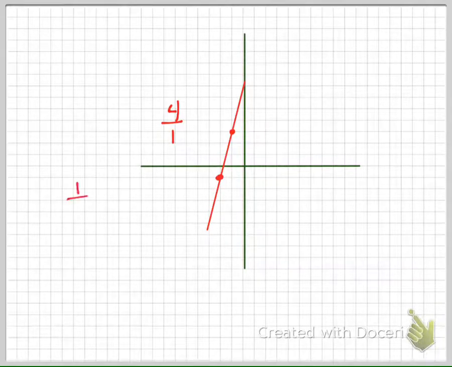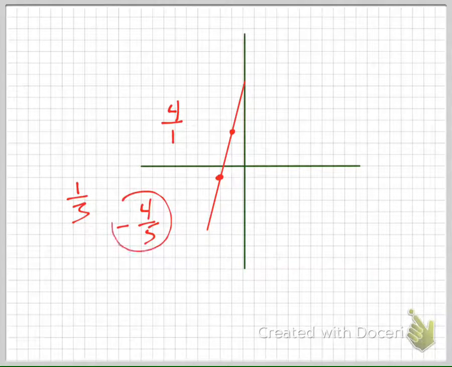What is the reciprocal of 1/3? 3. What is the reciprocal of negative 4/5? Negative 5/4. What would the opposite reciprocal of negative 4/5 be? Positive 5/4, right? You flip the sign and flip it over.